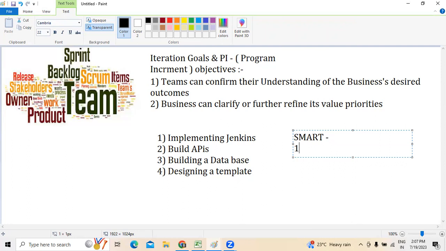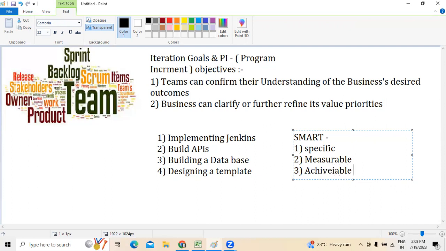The first point, S stands for specific, because whatever objectives we are going to write must be specific enough so that people will understand them better, right? So objectives must be specific. Whereas M stands for measurable, because the objectives should be in a measurable condition. At the same time, there should not be any kind of exaggeration.